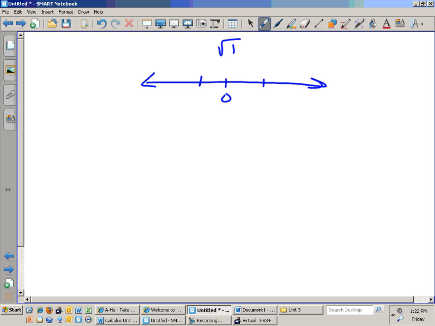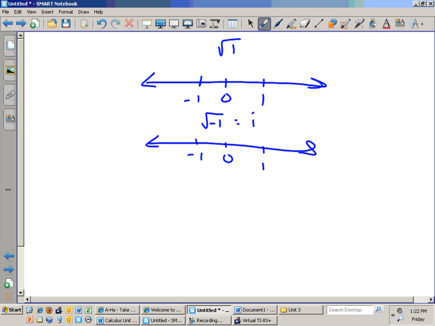The square root of 1 is 1. It's right there. But if you take the square root of negative 1, that's I. Where do you locate that? You can't. It's not located on a number line.